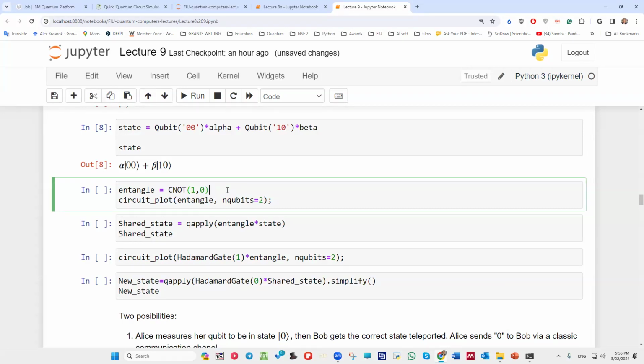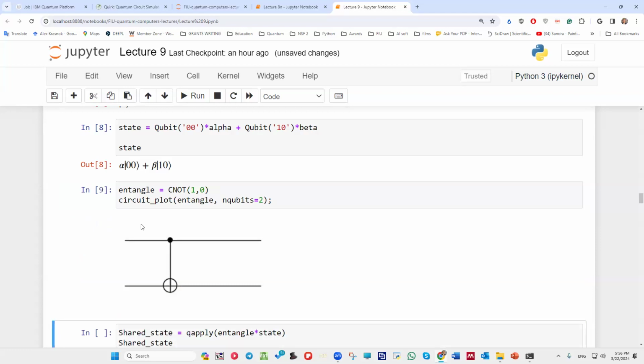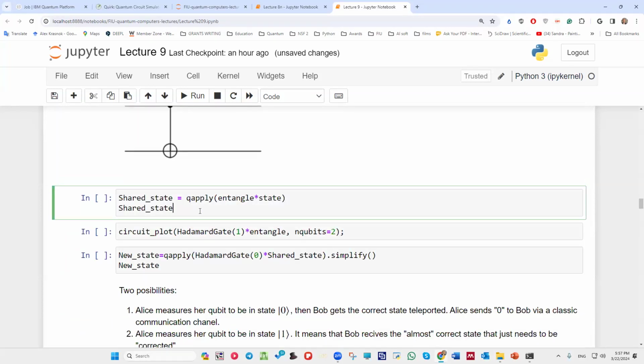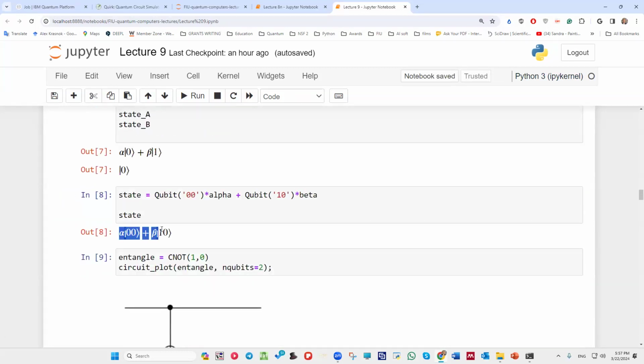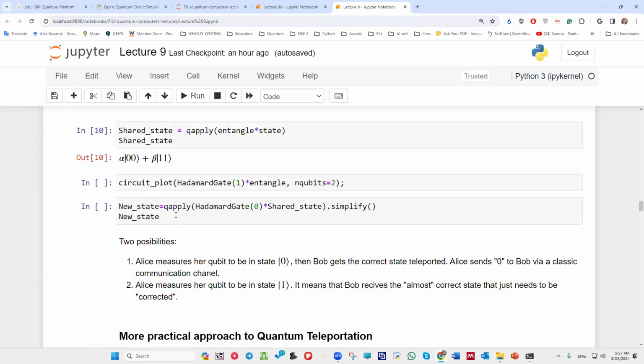Now we create the superposition, the entanglement of Alice's qubit with Bob's qubit using the CNOT gate, like we created the Bell states using this golden circuit. So we apply this CNOT gate to this state, and as a result, we get this shared entangled state.